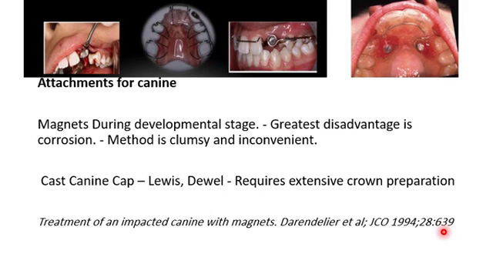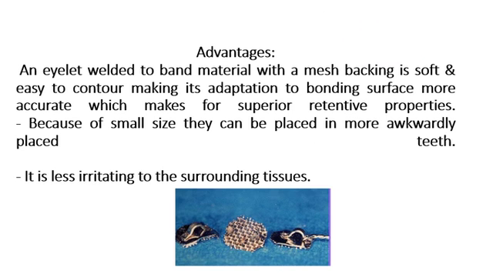Here is the reference for attachment of the canines. Advantages of an eyelet welded to band material with a mesh backing: it is soft and easy to contour, and its adaptation to the bonding surface is more accurate, which gives superior retentive properties.